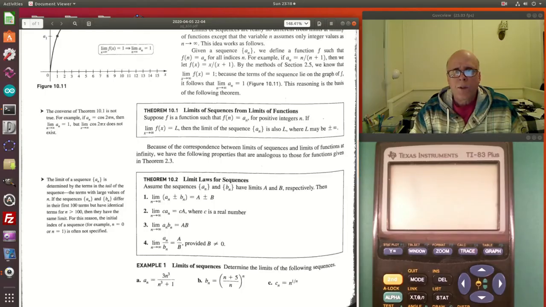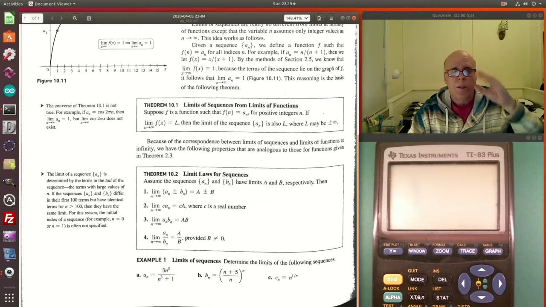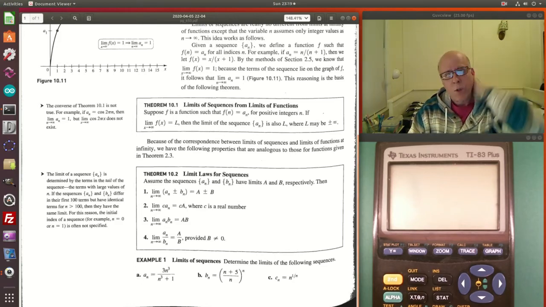I wanted to show you a couple of things from my screencast setup. One, this is a scan of page 650 from our book where the limit laws are written down. I did put them on the board, but I just wanted you to have a reference in the book where that happens. And the very first thing I started with in this section is about how you think about the limit of a sequence in terms of the limit of the corresponding function.